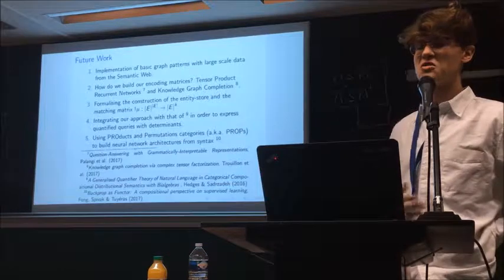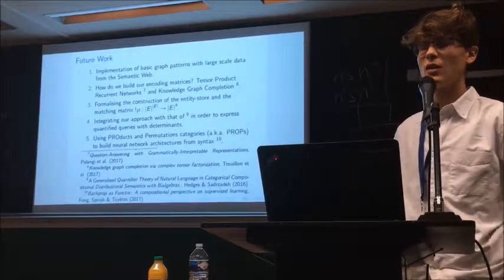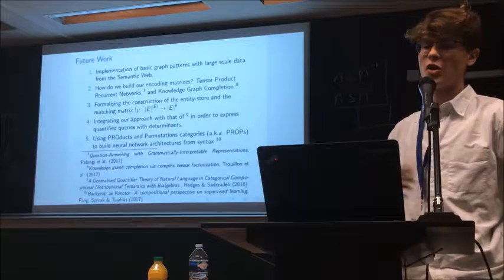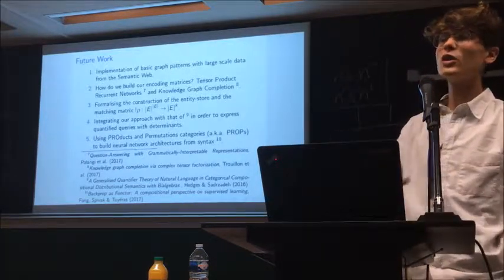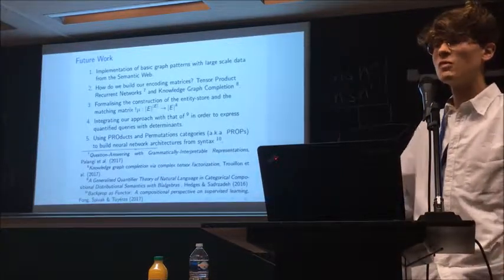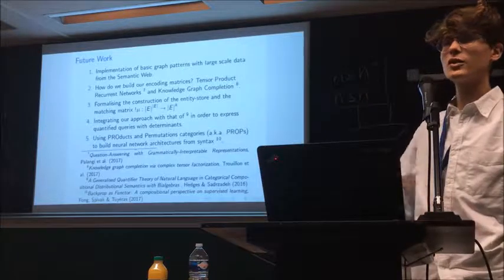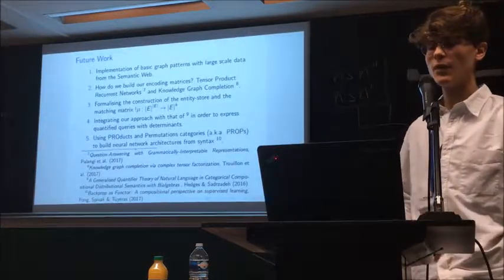Then another direction would be to try and formalize the matching process properly, categorically. Another one would be to try and integrate what we've done together with the work on generalized quantifiers, which would be really helpful in that context, so that we could express quantified queries over knowledge graphs.